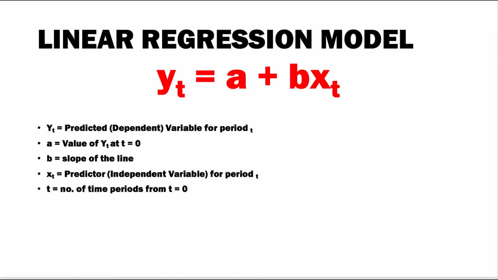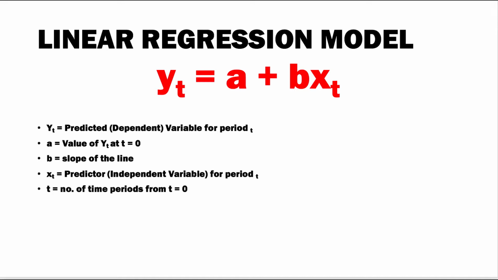And here's the formula for the linear regression model, which should look a lot like the linear trend equation we learned earlier. Let's take a closer look at each component using an example. Say we own an ice cream shop and we're interested in forecasting the sales of ice cream dependent on weather. So let's draw this out.